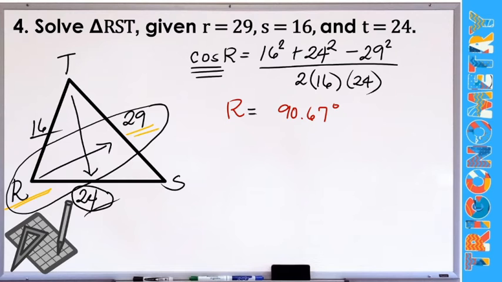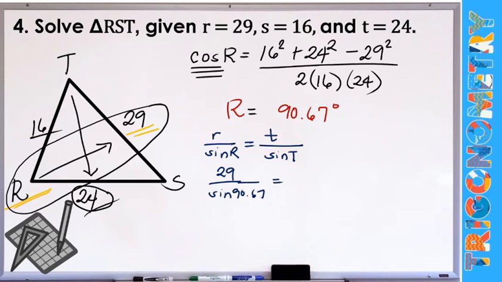R over sine R is equal to, we're going to look for T over sine T. Our R here is 29. Our angle R is 90.67. And our T is 24.